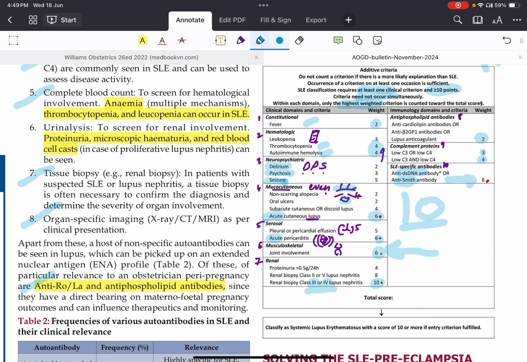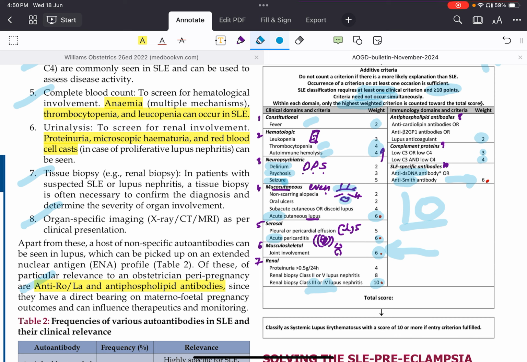Fever is 2 points, then blood is 3, 4, 4, then neuropsychiatric 2, 3, 5, then mucocutaneous 2, 2, 4 and 6, serositis pleural effusion 5 and acute pericarditis 6, musculoskeletal joint involvement is 6, renal proteinuria is 4, renal biopsy class 2 and 5 is 8, 3 and 4 is 10.